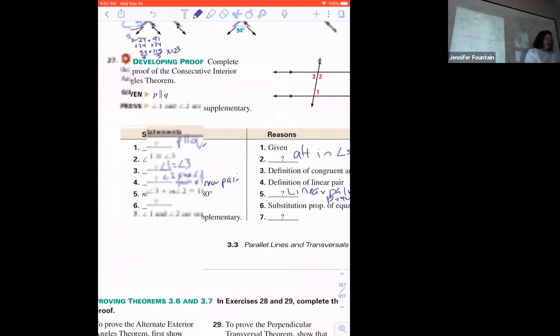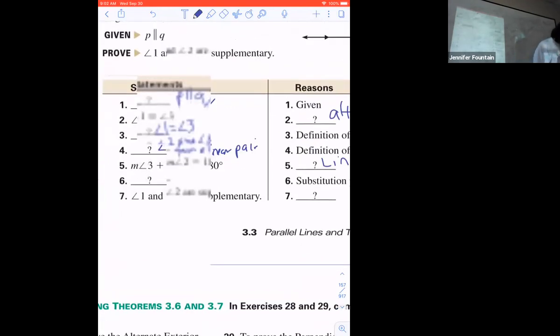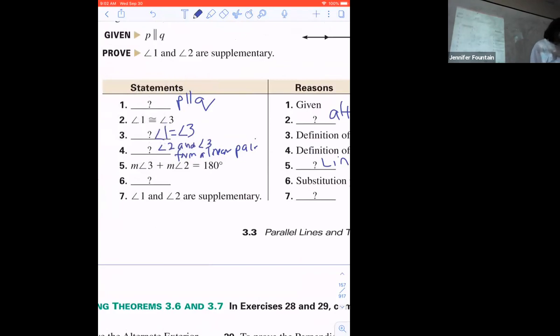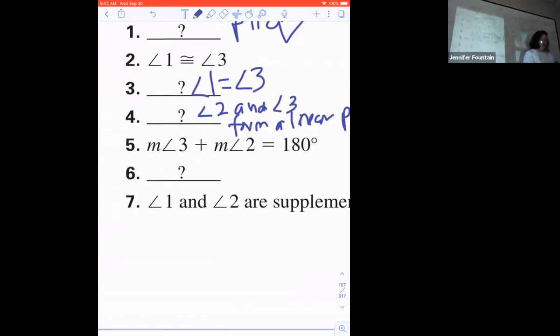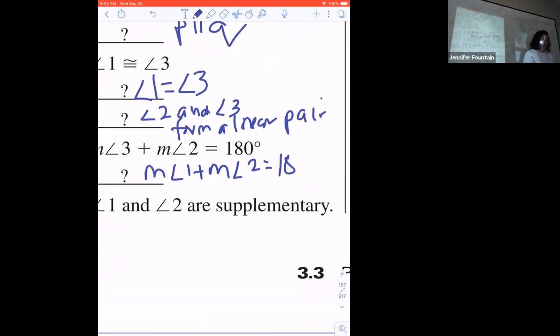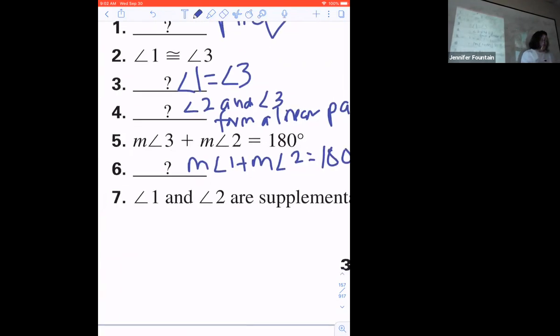So from 5 to 6, what did we do for number 6? The reason is the substitution property. What did we substitute from 5 to 6? The measure of angle 1 plus the measure of angle 2 is equal to 180 degrees. We have substituted angle 1 for angle 3, because up here we said that they were equal to each other.